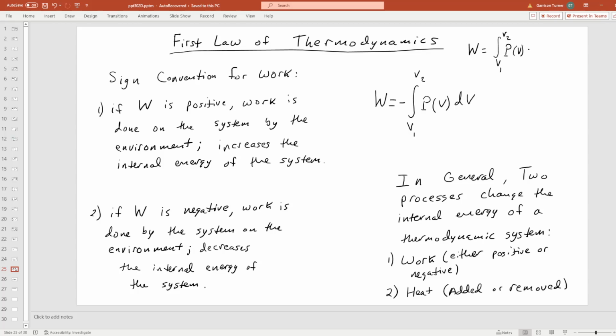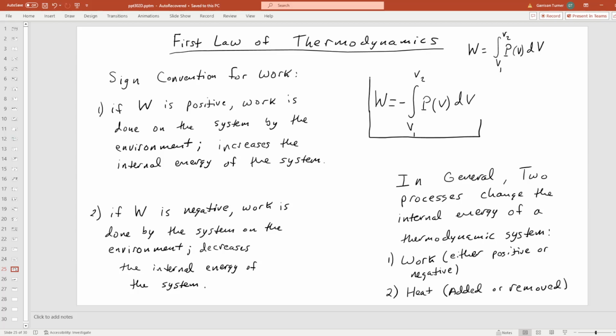p as a function of V dV. I'm going to claim that my convention, which is the convention of other standard textbooks, it's really split 50-50 how you handle this. My personal convention that I prefer is this one.